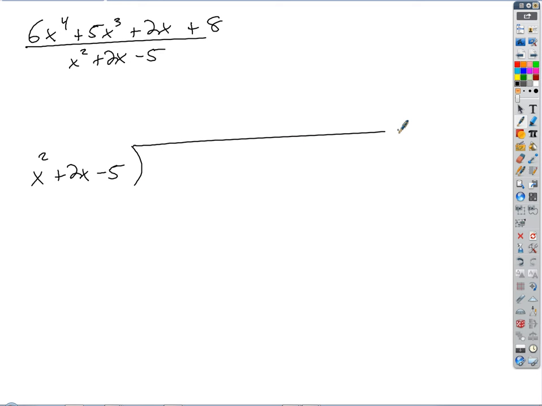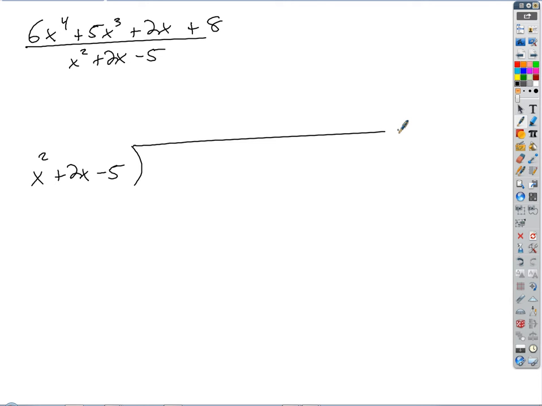And it doesn't really matter if this one were missing a power of x. You don't have to hold the place with that one out there. It's not a big deal, and you'll see why. But the polynomial that's in the numerator goes inside the bracket, and this bracket's got a name, and I can't remember what it is, but you know what I'm talking about, the long division bracket. What do you notice about the polynomial that's in there?